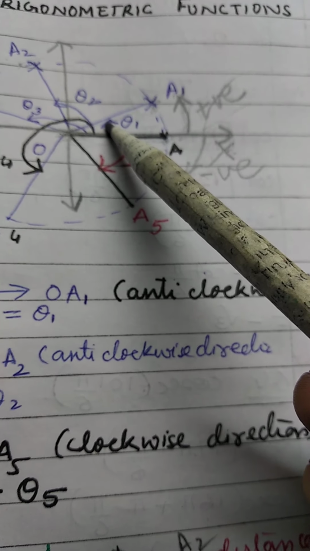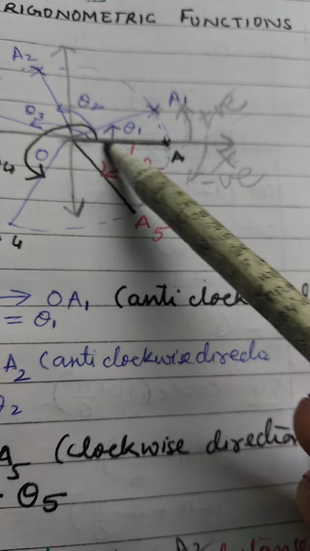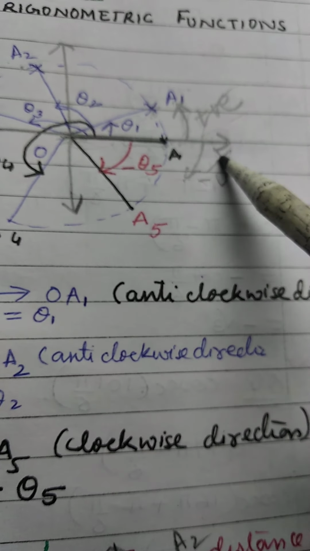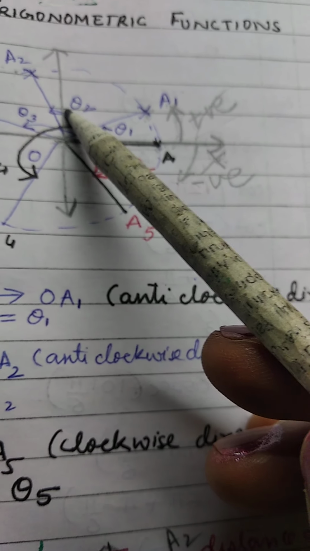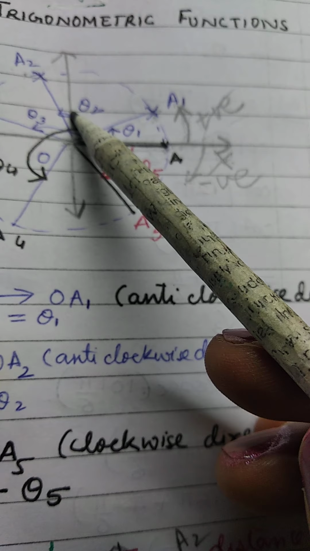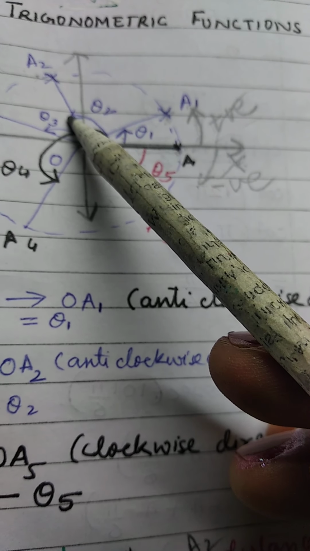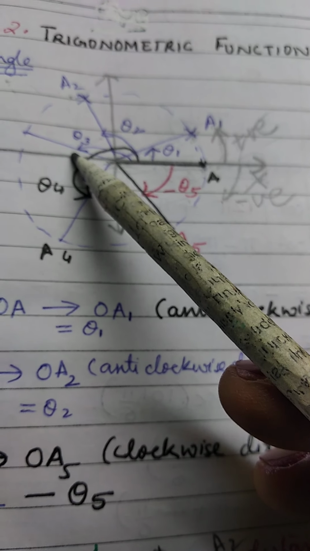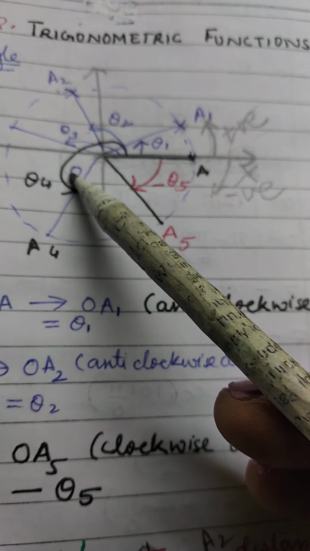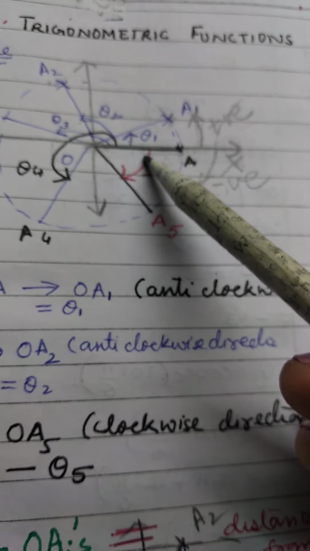Since this angle is the displacement of OA from the initial axis, we can rotate it further and thus it moves beyond 90 degree. In fact, it can go beyond 180 degree and further to 360 degree.